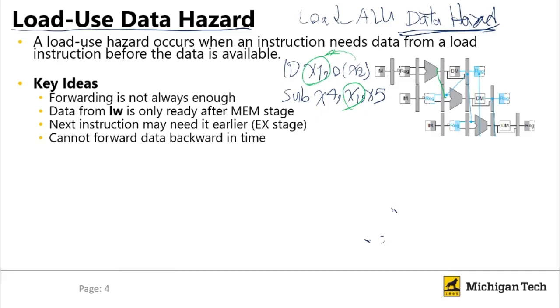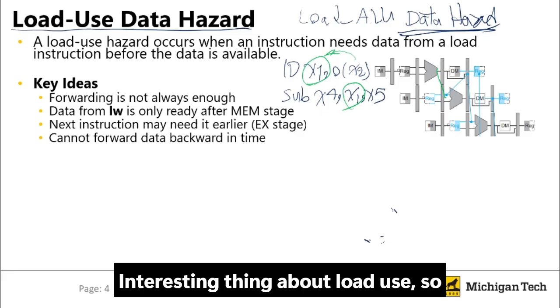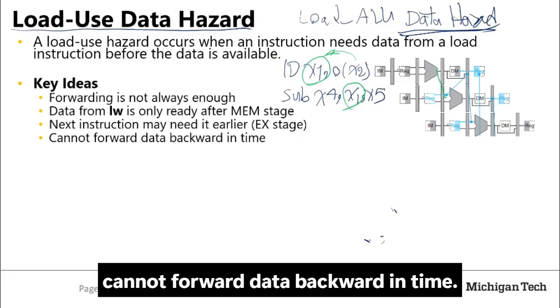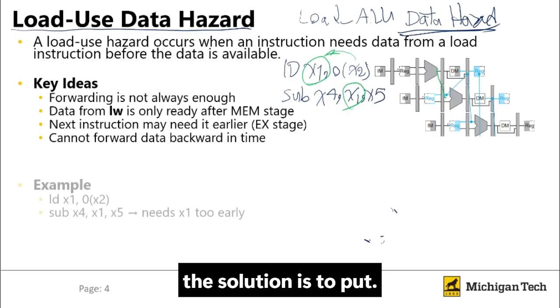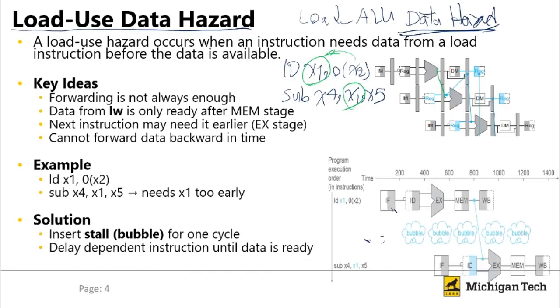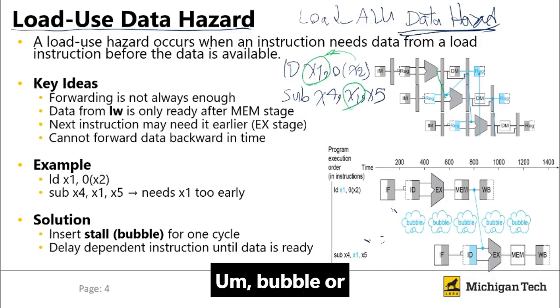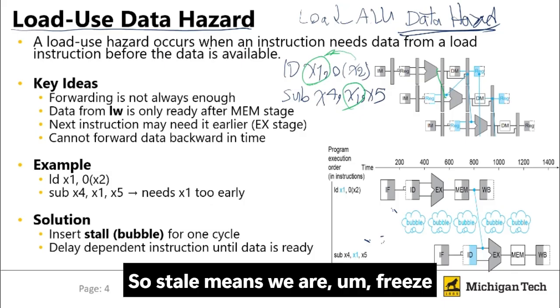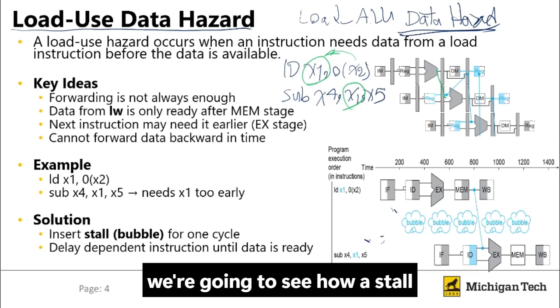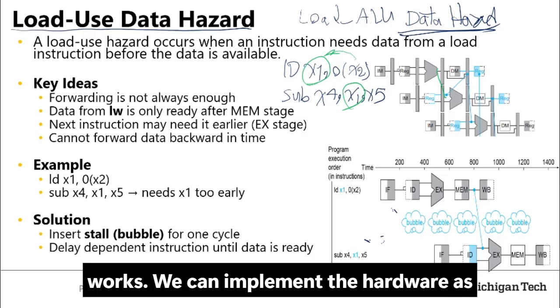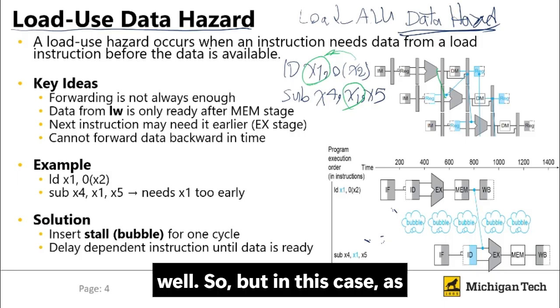That's an interesting thing about load-use. So the solution is to put a bubble or a stall. A stall means we freeze everything and just shift by one clock. We're going to see how a stall works. We can implement it in hardware as well.